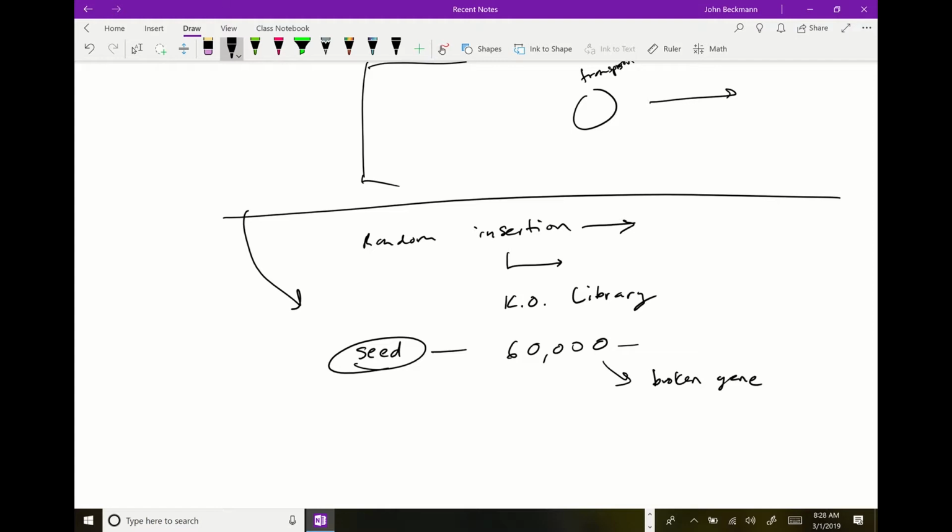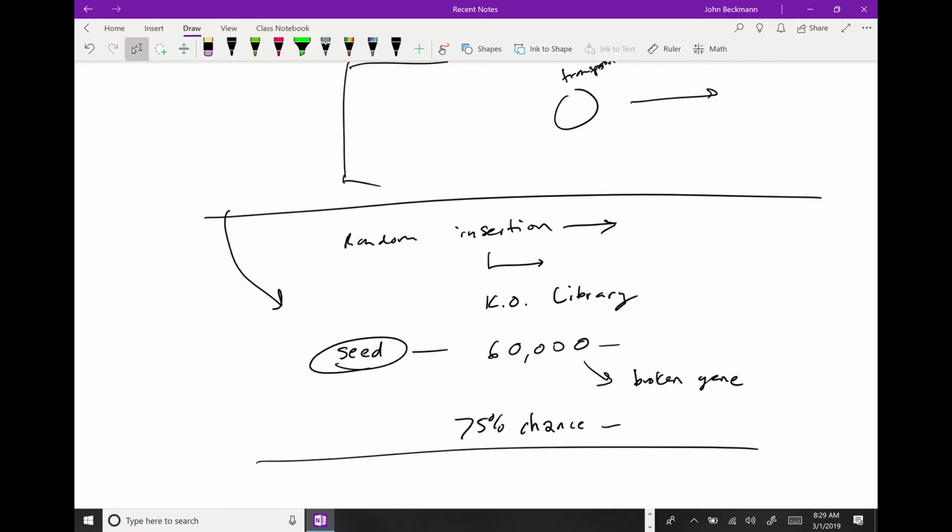So they have a whole knockout library of Arabidopsis. If you're looking at some gene from Arabidopsis and you need to study it, but nobody's studied it before, there's a 75% chance that there's a line you can pull out of a seed that already has that gene knocked out. Does that make sense? People have used this random insertion process to cover insertions throughout the genome and then isolate individual lines so they can keep the seeds of this knockout library.